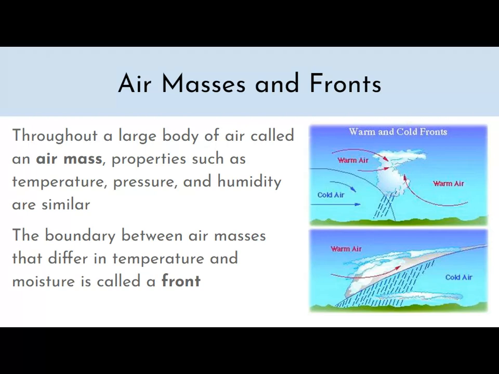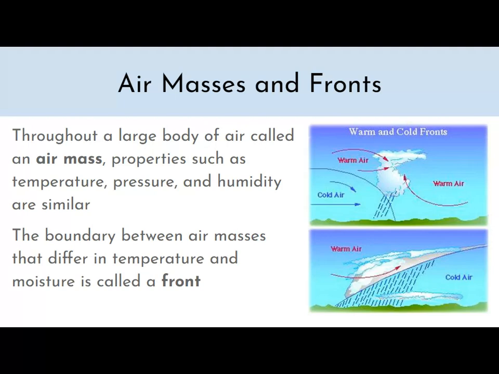So, if there was a big segment of air in the troposphere that was super warm and super moist, and that big section of warm, moist air was pressed right up against an area of cool, dry air, that kind of line between the two where they start mixing, that is called a front.